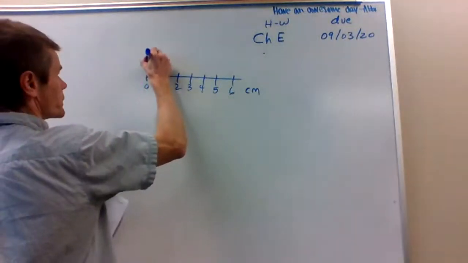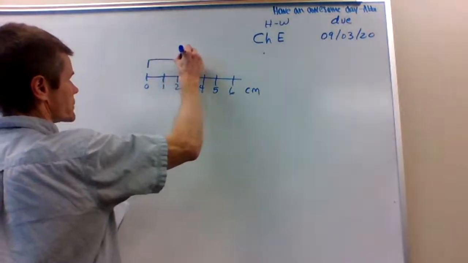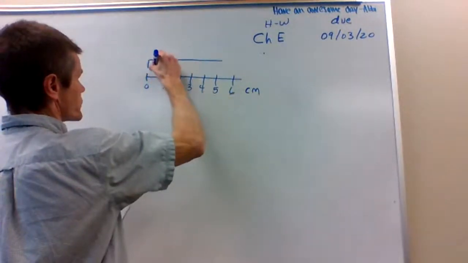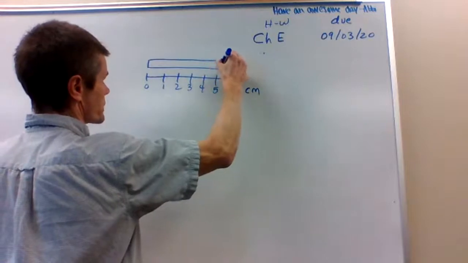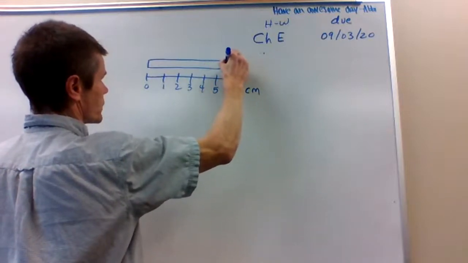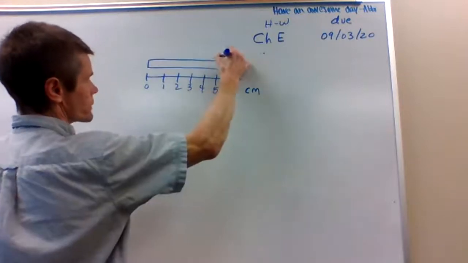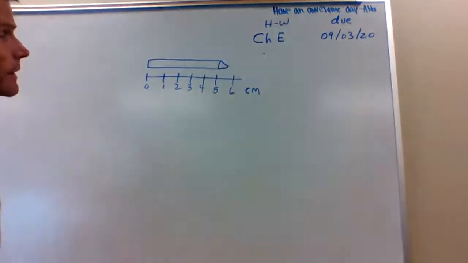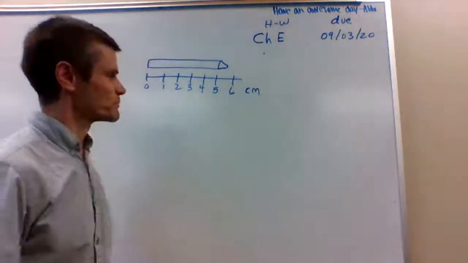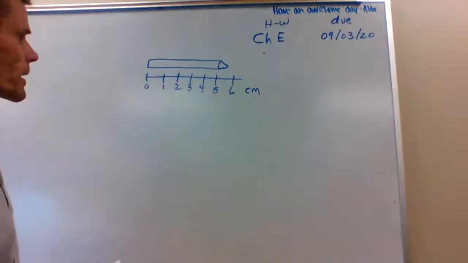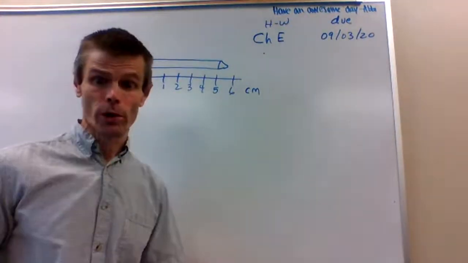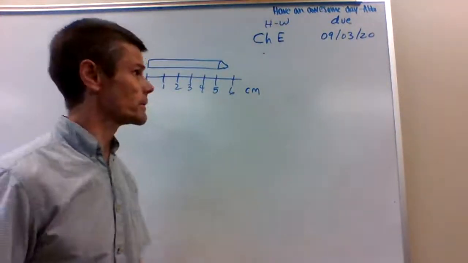Here's our bullet. The edge of it sits there. It comes out. It has this appearance where it tapers down, like right there. That's my bullet. Not the best drawing, but I'm not really an artist. Okay, here's our measuring device. It's a ruler in centimeters.